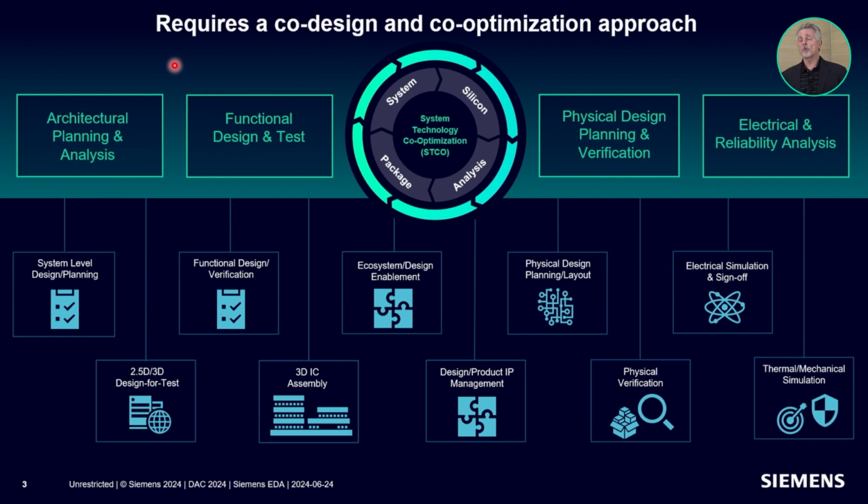The next thing you need to worry about is the specific technologies that are going to be used to implement each of the individual chiplets, because with heterogeneous, you're not limited to using a single ASIC technology. So you can use many different fabs to implement each of those chiplets. The other thing you need to worry about is the packaging technology.